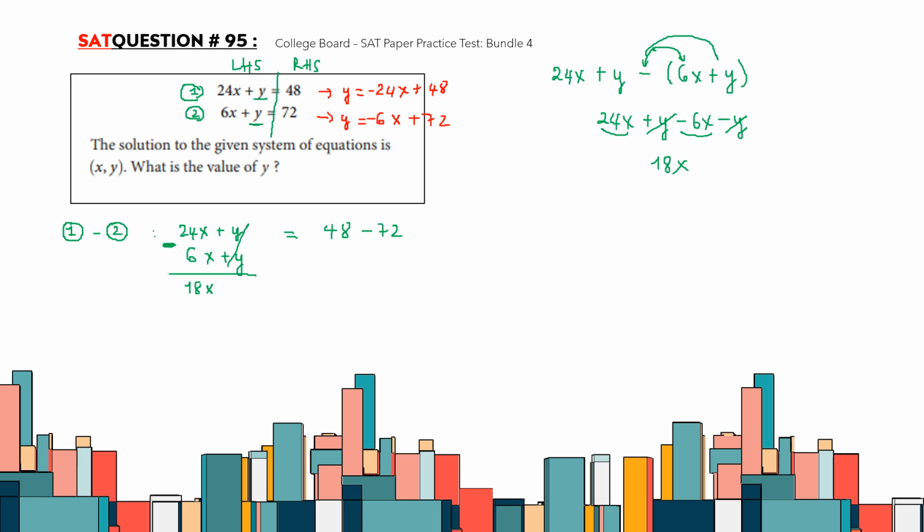Let's write it down in columns. 72 subtract 48: 2 subtract 8 cannot, so we borrow 1, borrow 10.